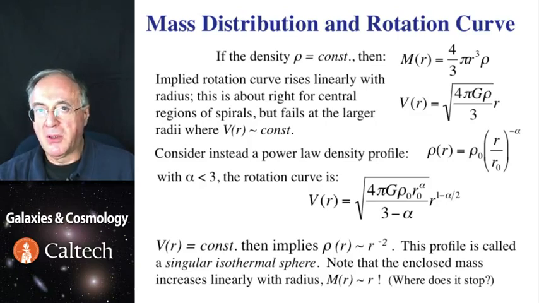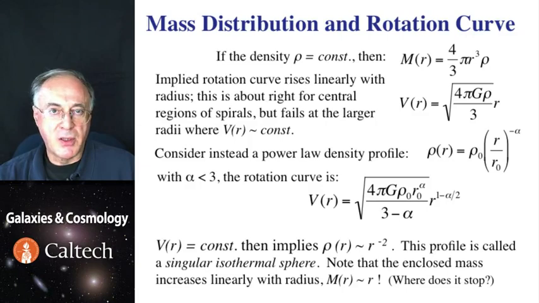It's singular because density goes to infinity in the middle. This is obviously not the case in reality, but small rounding off in the middle makes no difference here. It's isothermal because the velocity is the same throughout. If you integrate a density distribution like this in a sphere, you get mass that increases linearly with radius.